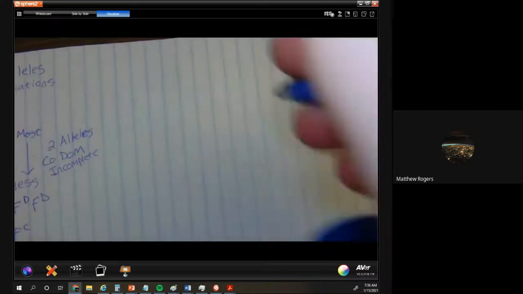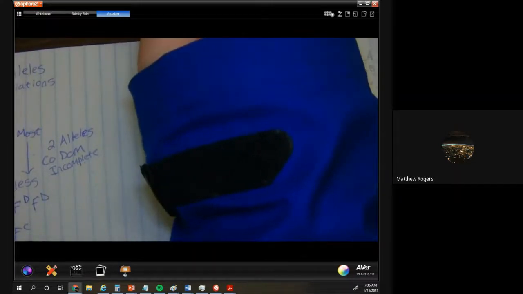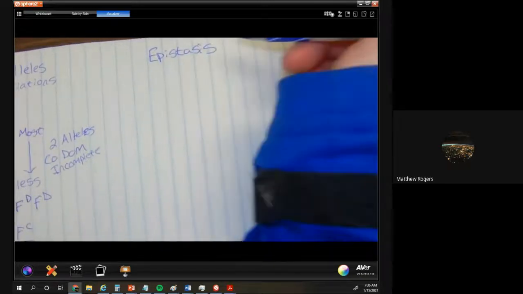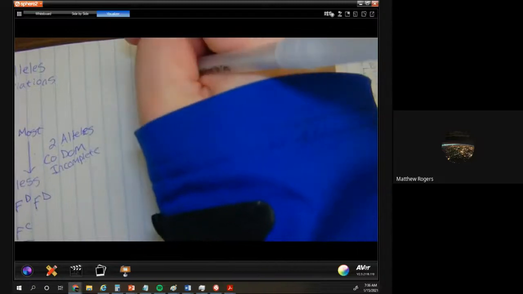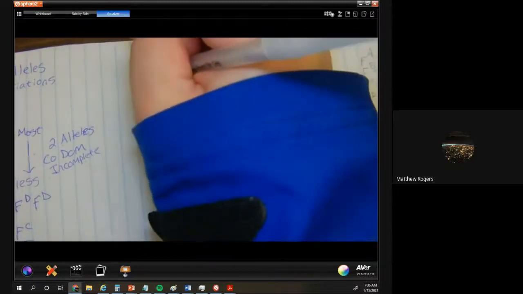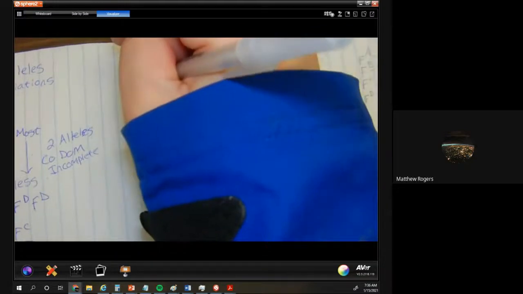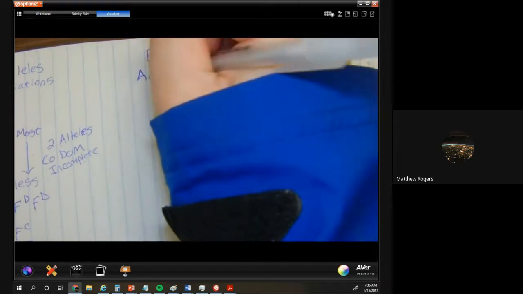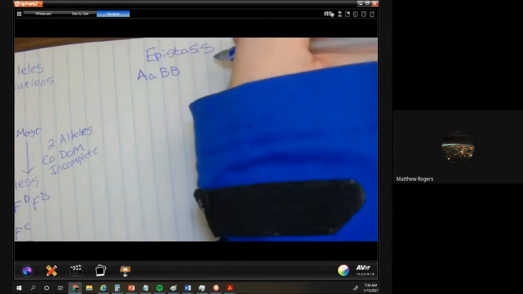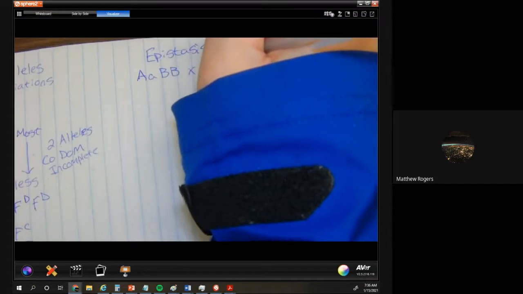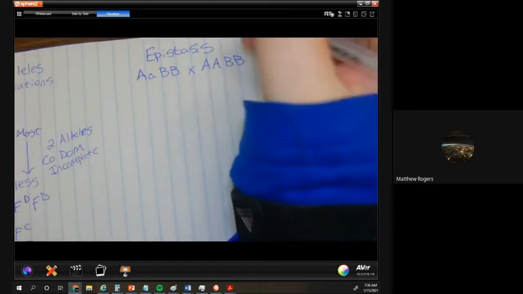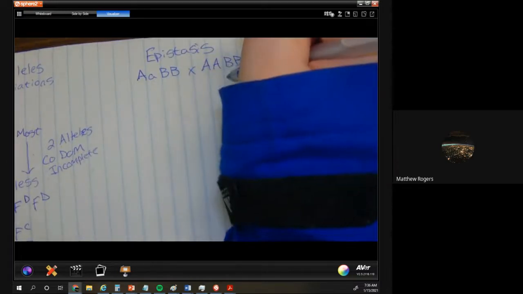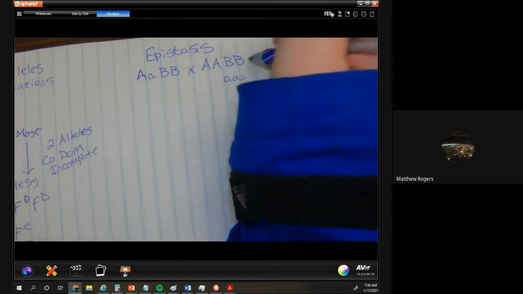What epistasis is, just epistasis, is one trait affecting another one. When you read those questions, I'm not going to go through an example of it, but it will say something like, if you have somebody that's Aa Bb crossed with AA BB, it will say something along the lines that if someone has a homozygous recessive little a, then it changes everything.